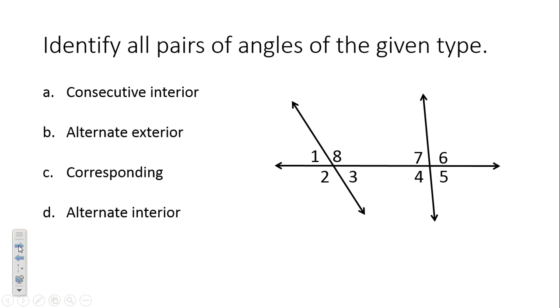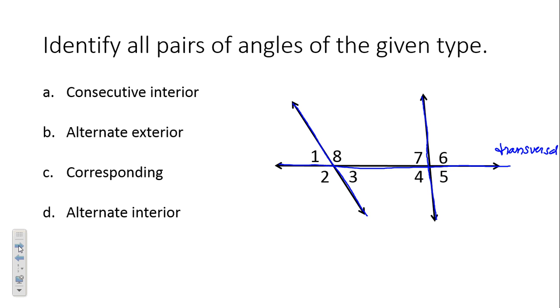Okay, so when we look at this figure, we have two lines that are being cut by a transversal. So this line is our transversal. Okay, that's our transversal. Yes, sir. Yes, I would jot this down, this exact picture, on your notes. Okay, these are your notes, your examples. And we have 8 angles, 1, 8, 2, 3, 7, 6, 4, and 5.